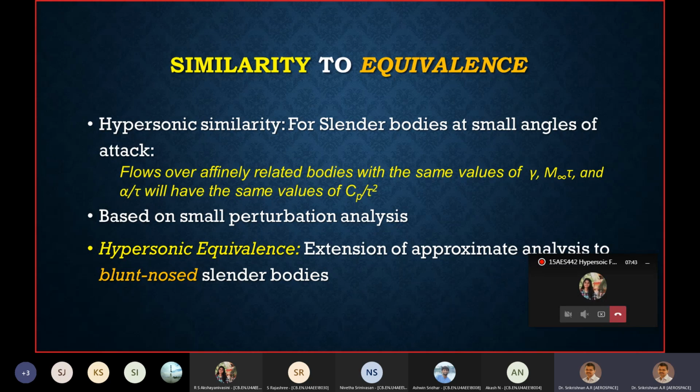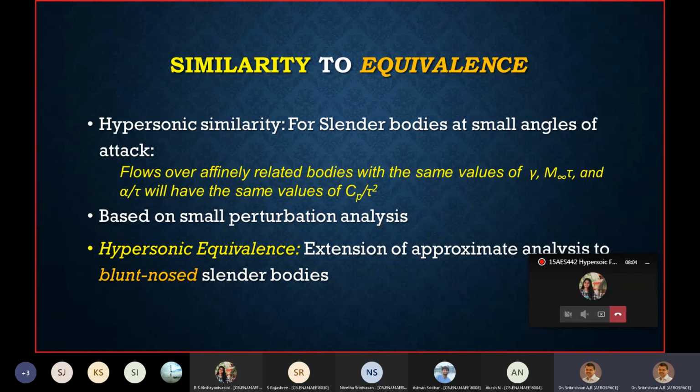I'll try to explain that later also with sketches. The nose is blunt, but the body is still slender. So you will have a detached shock, but the slenderness is still retained. Slenderness we have considered all through, that will be retained, but the nose shape can be blunt.